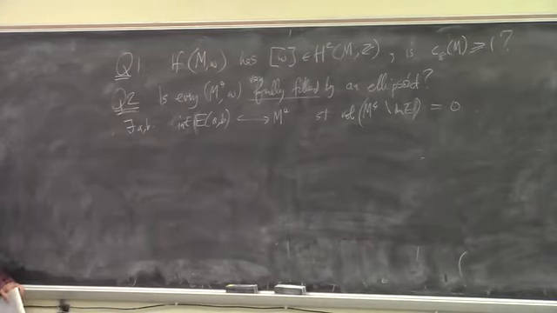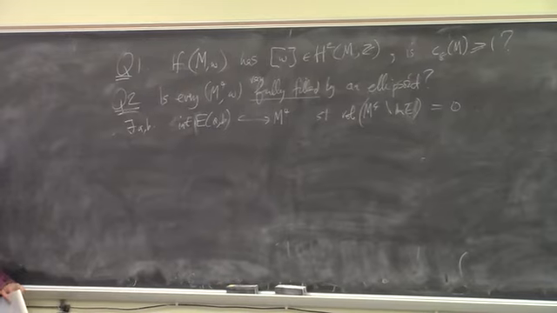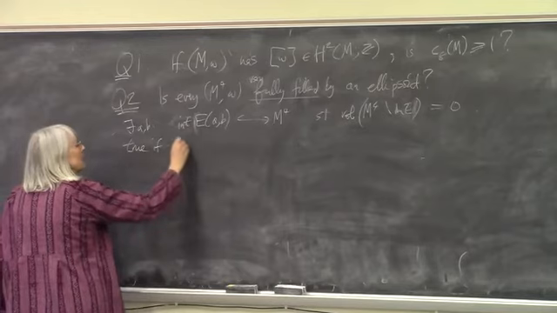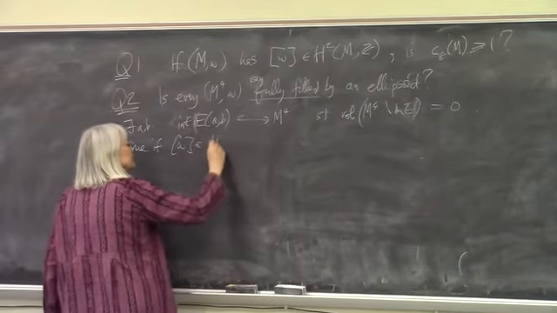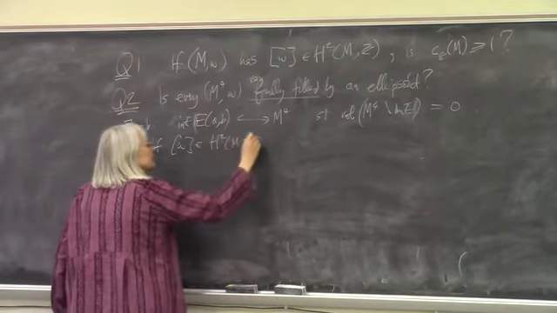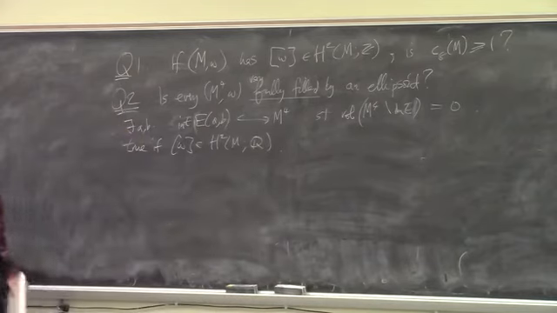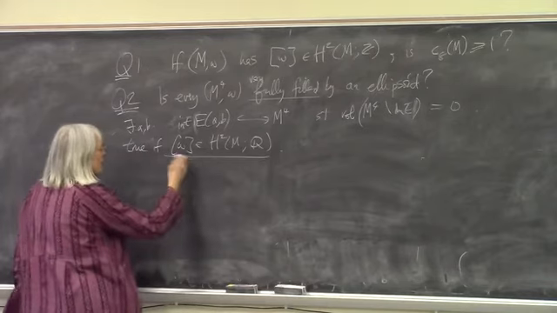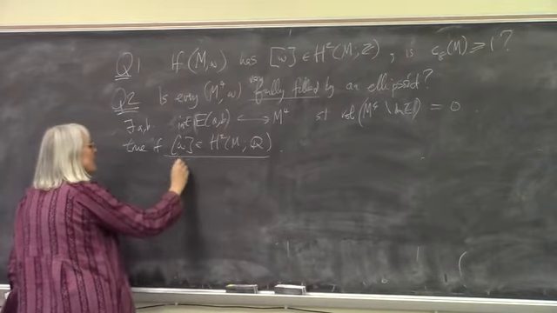Now, you might wonder, why on earth would anybody think that could be true? Well, it's true if omega is rational. This was an observation due to Opshtein.